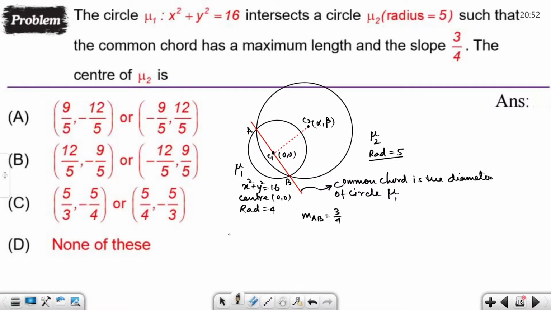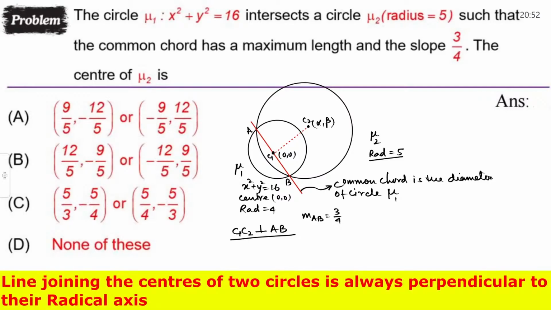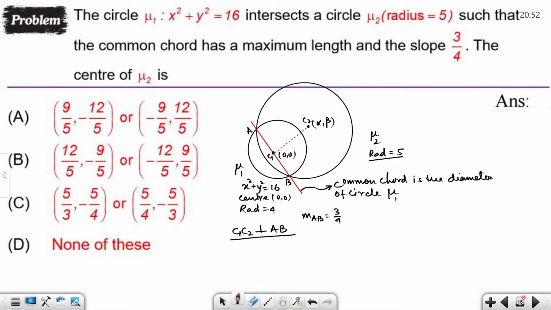Now from the property of the radical axis we know that C1C2 is perpendicular to AB. Am I correct or not? Because we know that the line joining the two centers of the circles is always perpendicular to the radical axis. In this problem, our radical axis and the common chord are the same.